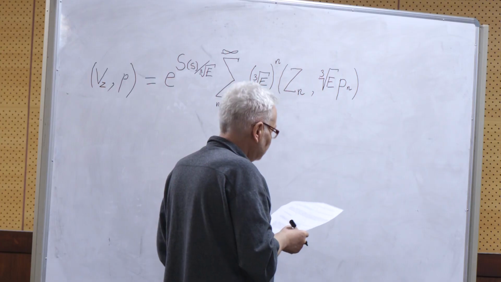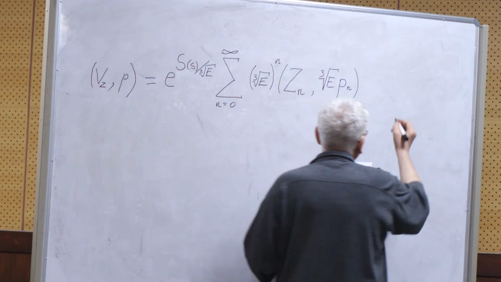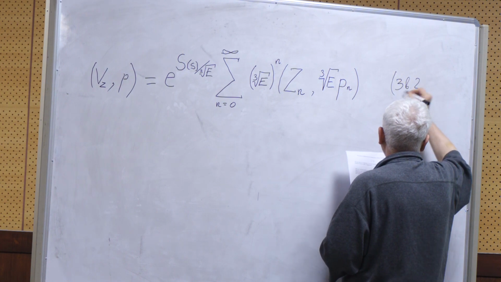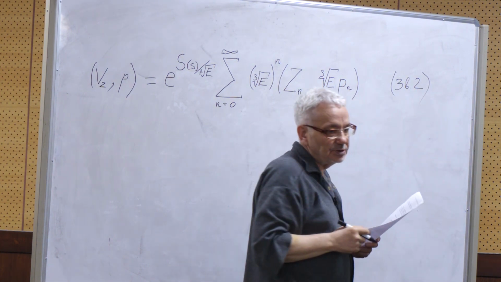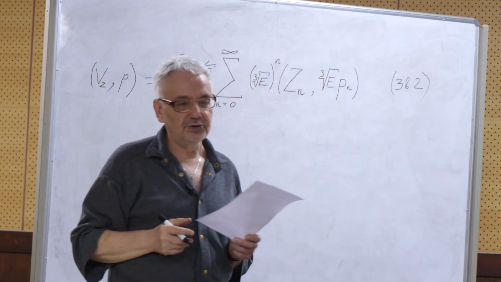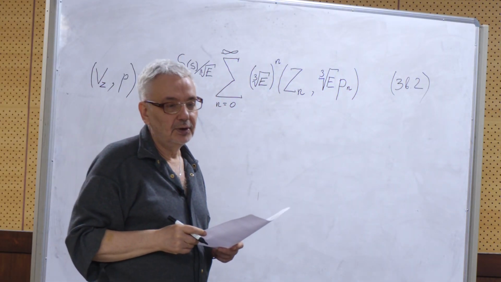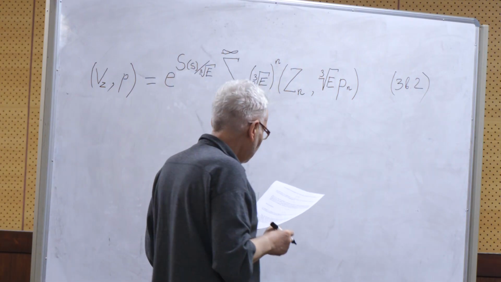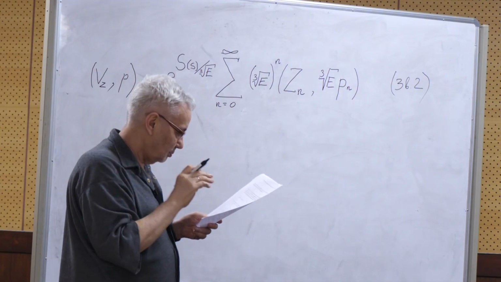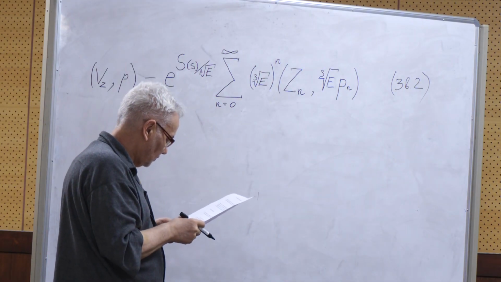So let's now proceed. This is formula 3b2. As far as I recall, you already wrote it down. Here you just have it in slightly different form, maybe for your better understanding. It's of course the same as what we wrote before, but maybe in slightly different notation.